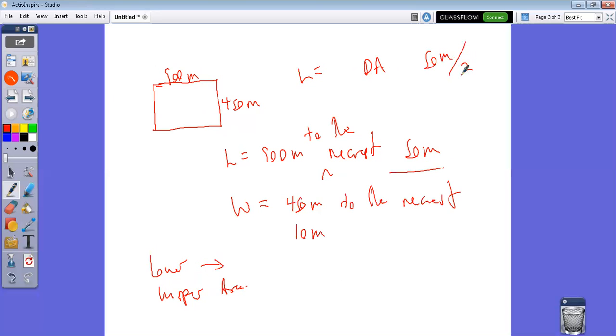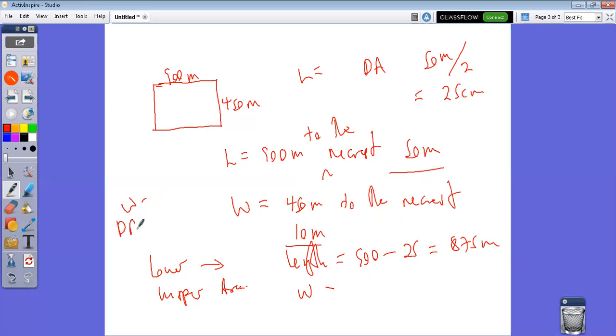Now with the nearest, the degree of accuracy for length is 50 meters divided by 2, and that gives you 25 meters. So the lower bound of the length is 900 minus 25, which gives us 875 meters. Then for width, it's to the nearest 10, so 10 meters divided by 2 gives you 5 meters.